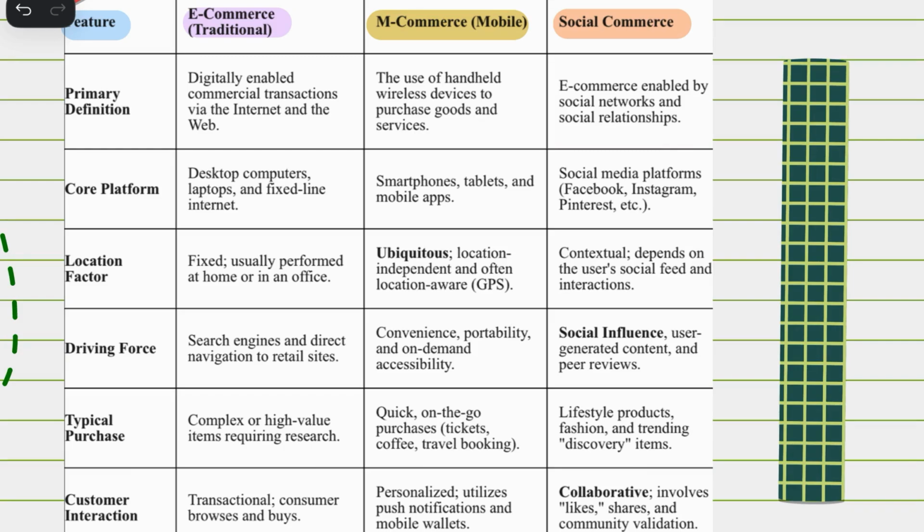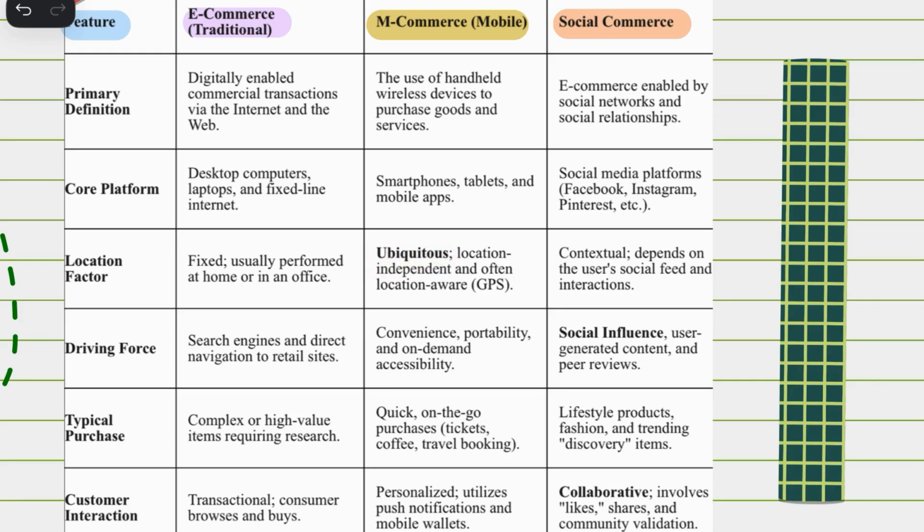So what are the core platforms that are required? For e-commerce we require a desktop computer or laptop, and there should be a fixed line of internet. For m-commerce we only require a smartphone, tablet and mobile apps, right? And in social commerce there is very much a need for social media platforms. There is a fixed location factor in e-commerce. It is usually done at home or in an office, but m-commerce is ubiquitous.